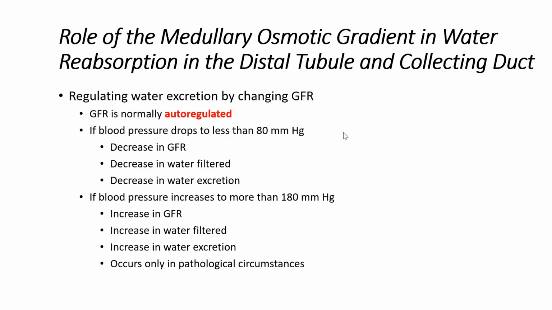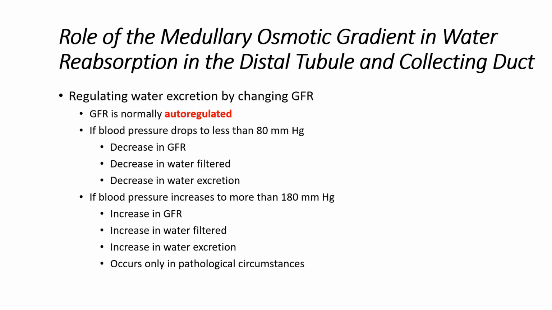Now, if blood pressure drops below 80, we have no choice but to drop GFR. So if we're in a scenario, again, bleeding out, dehydration, and our blood pressure drops below 80 millimeters of mercury, then we can no longer sustain GFR at 125, and GFR will in fact decrease, which will allow for us to compensate for that drop in blood pressure.